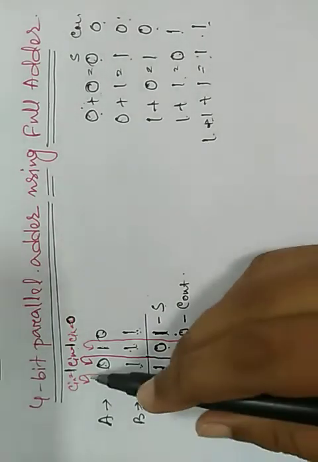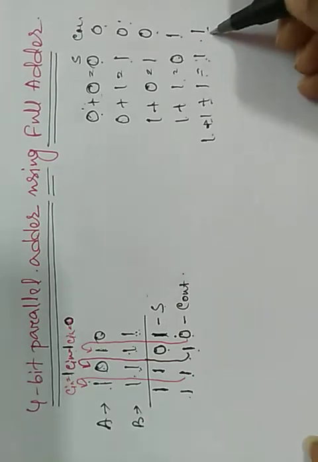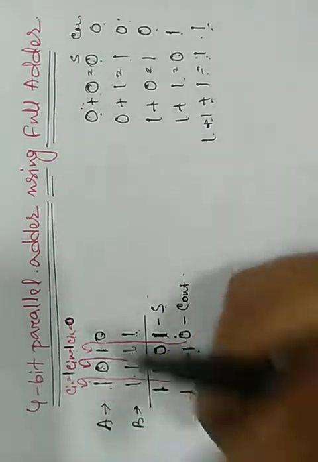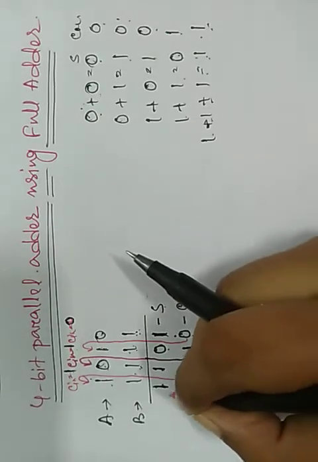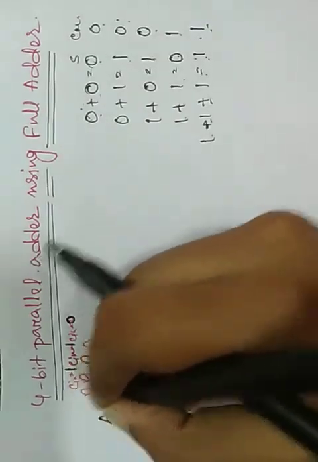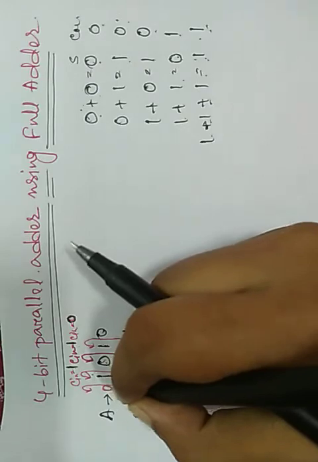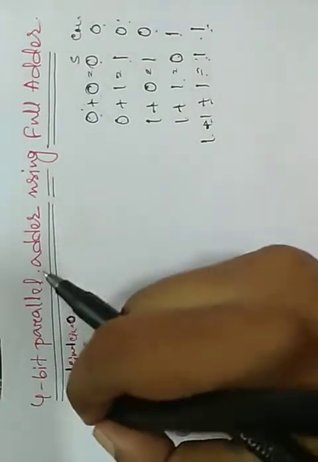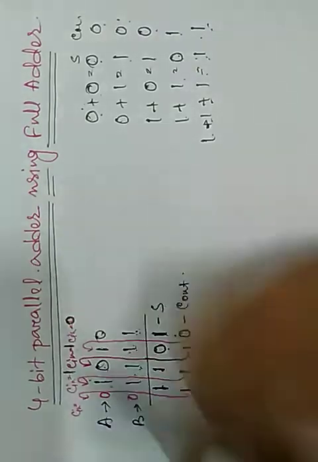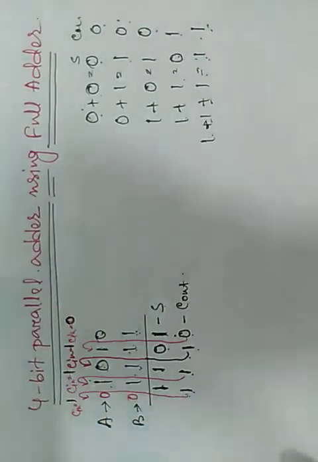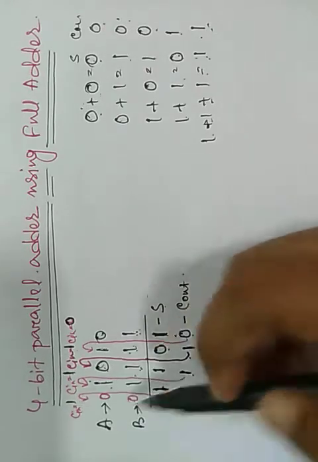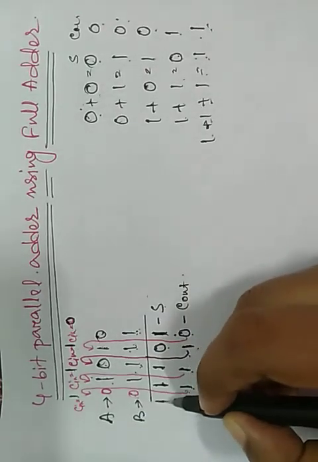Clear? Sum is 1, carry out is 1. Again this carry out has to go there, but as there is no digit, the 1 is written as it is.